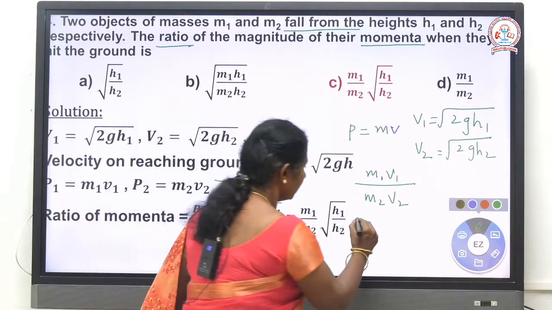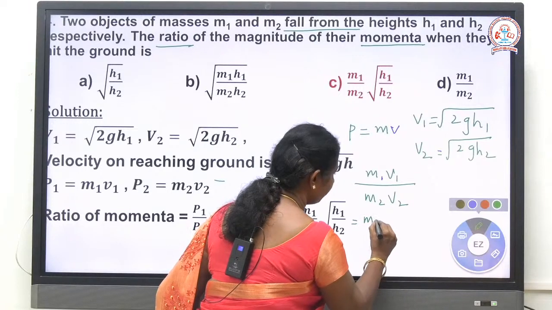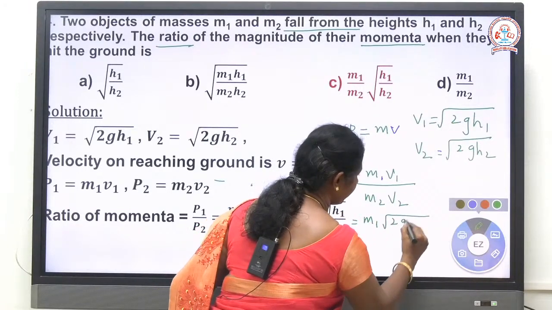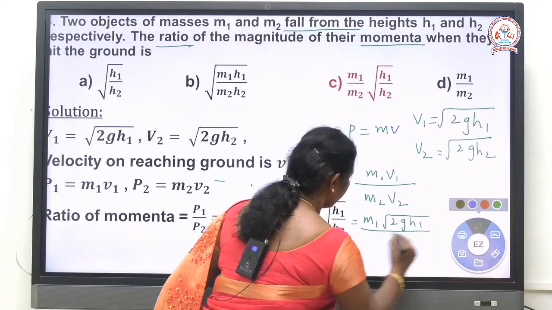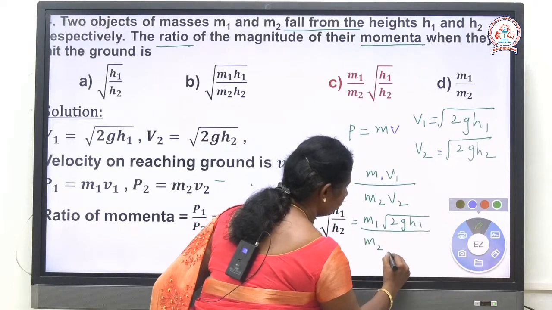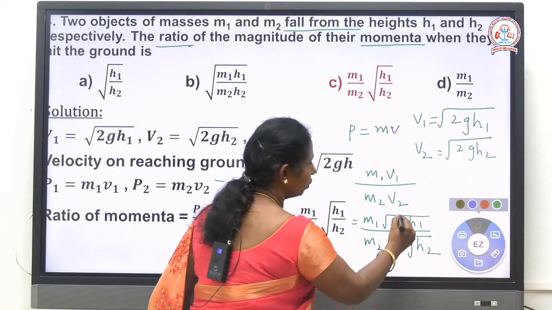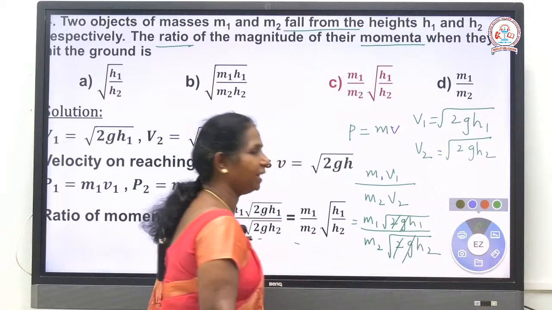Now substitute. This is equal to m1 times v1, which is root of 2gh1, divided by m2 times v2, root of 2gh2. Is that clear? Now 2g and 2g get cancelled.